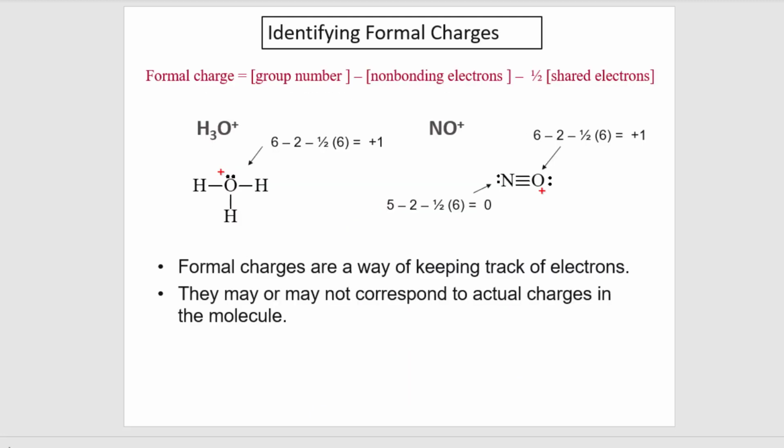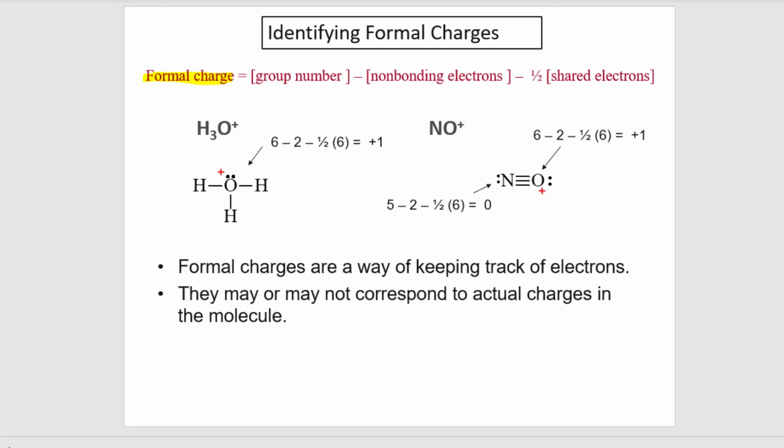So I've got the formal charge formula written up here at the top again, but let's work through how this is operational. Okay, the formal charge, if you want to use it, you see that I've got H3O plus. Why does it have a plus there?